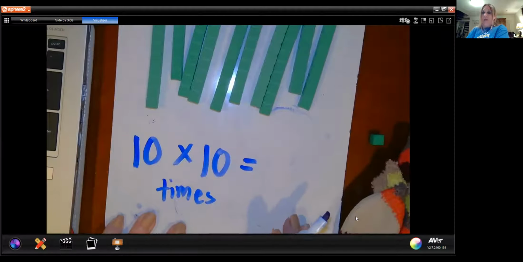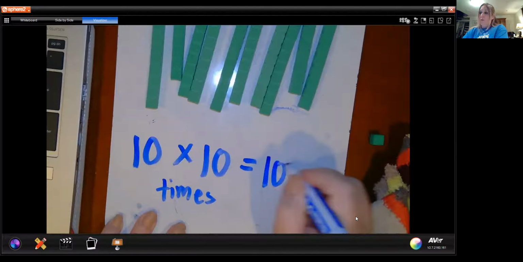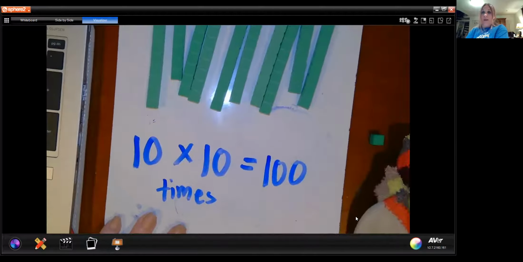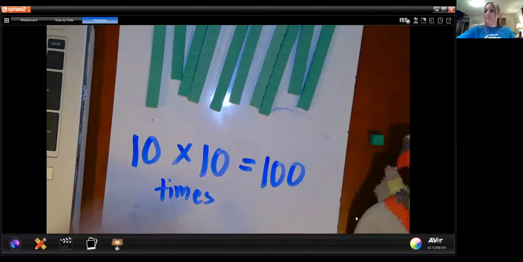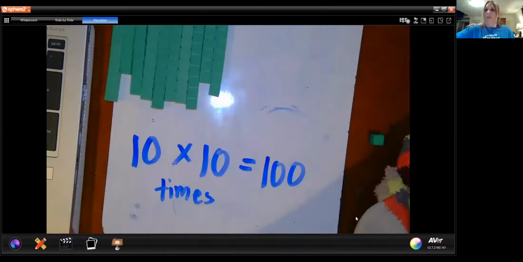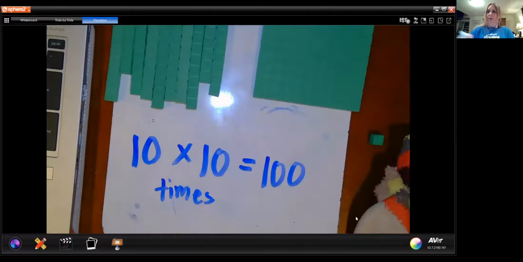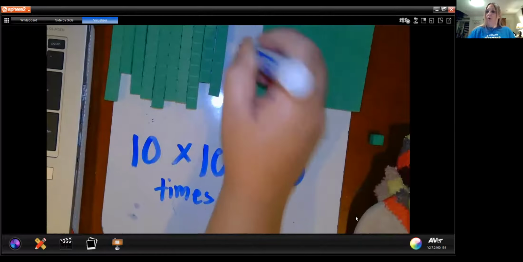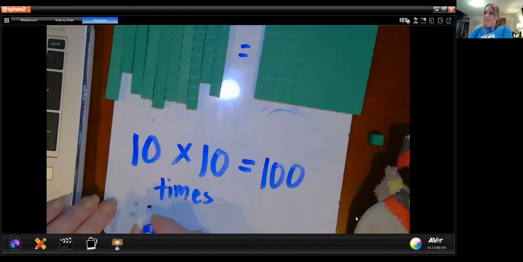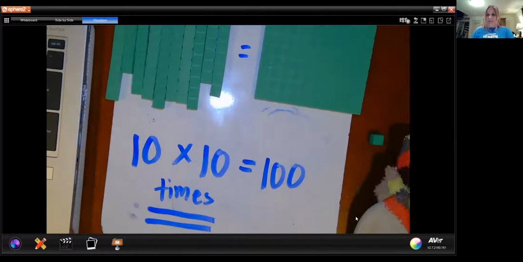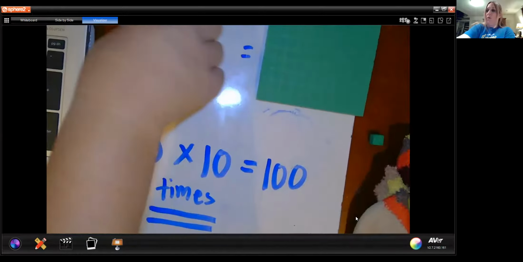What is our value? 100, exactly. So 10 of these guys is equivalent to 100. These are equal. And again, remember, I'm using this keyword times.